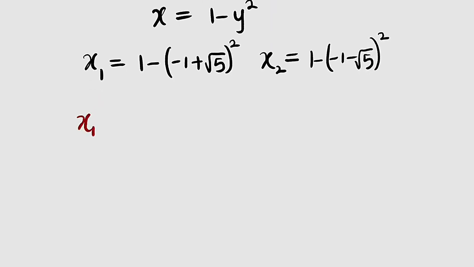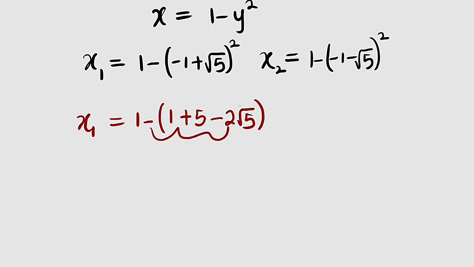The first one, x1, will be equal to 1 minus, let me expand this. You take the first term and square it: -1 squared is 1, plus you take the second term and square it, you get 5. Then you add 2 multiplied by the first term multiplied by the second term, which gives negative 2 root 5.